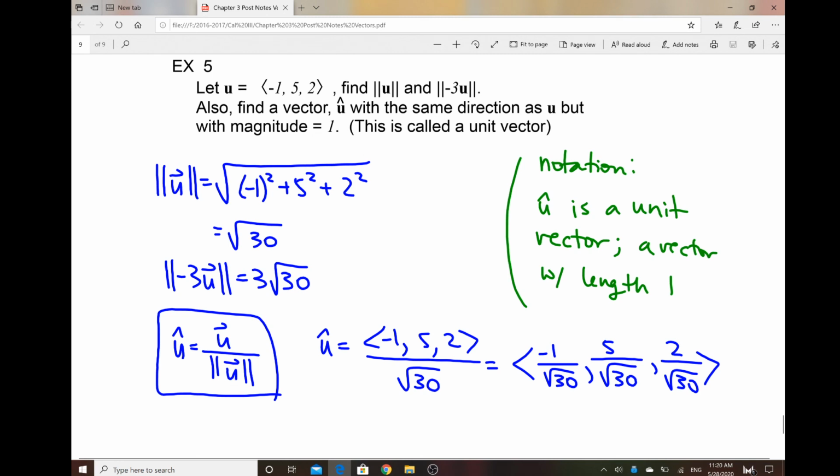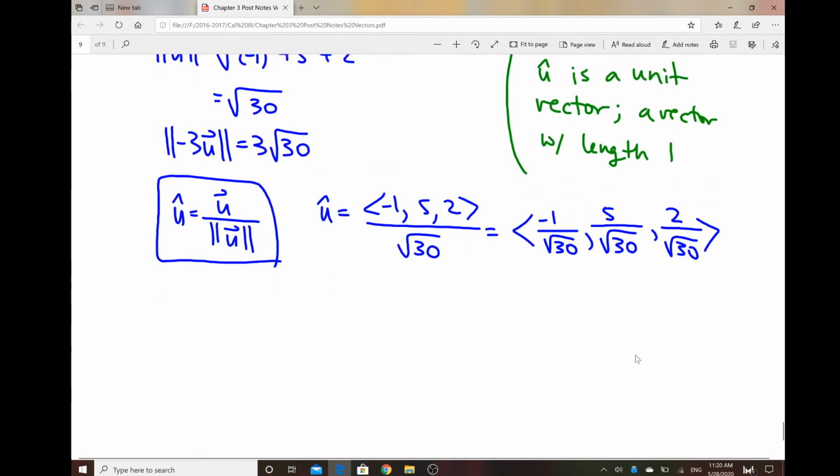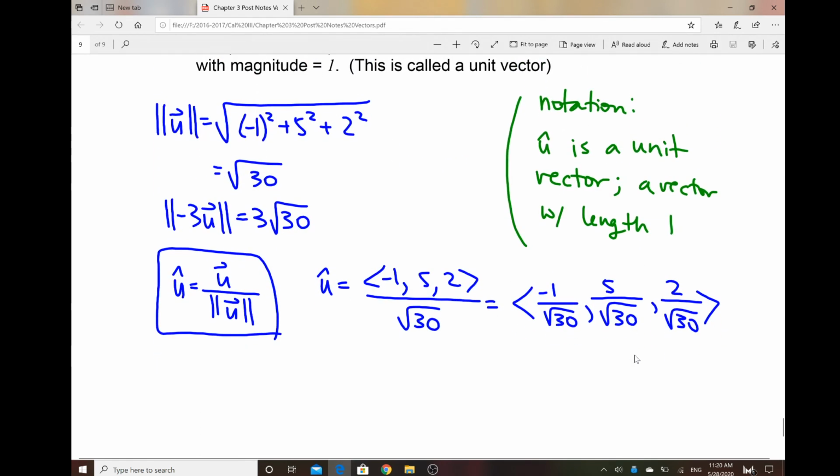The original vector u is -1, 5, 2, so it's over root 30. From here, we use the distributive property of vectors. So we get -1 over root 30, comma, 5 over root 30, comma, 2 over root 30. Some students might ask, can I rationalize it? Yes, you may. So that shows the unit vector.